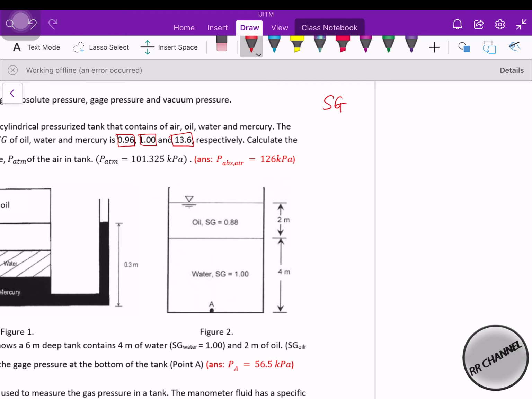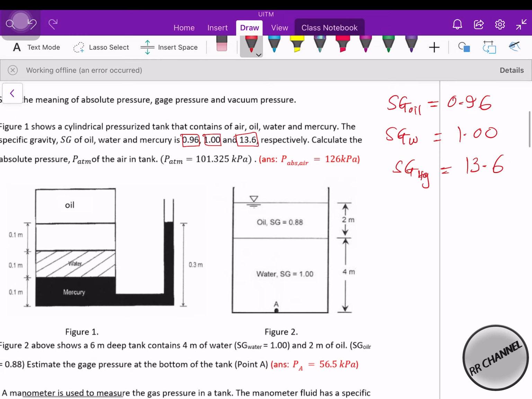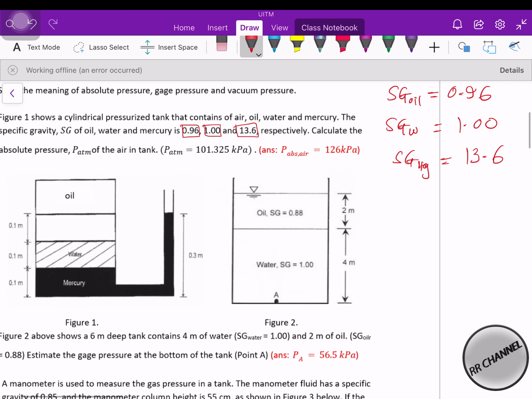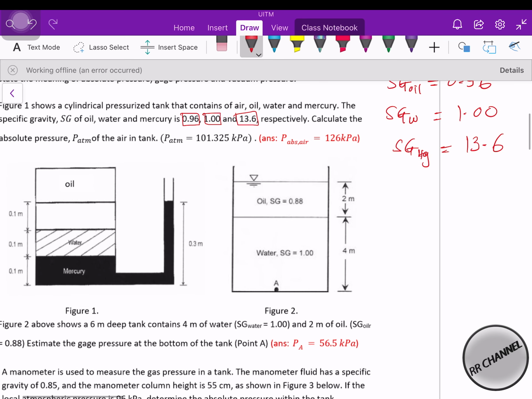Sg for the oil equals 0.96, Sg for the water equals 1.00, Sg for the mercury equals 13.6. Calculate the absolute pressure P atm of the air in the tank. So this is the air, which means there is a gap between the oil and the water. So that's all the question.